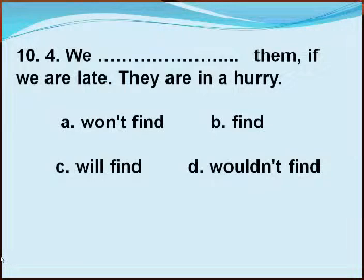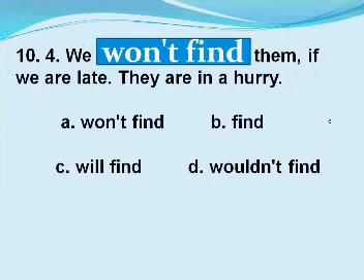If you have present simple, of course we should have will. We should have will in one of the sentences, but you should read the sentence carefully in order to understand if it's negated or not. We will find them or won't find them if we are late. They are in a hurry. What do you think? Of course, we won't find them. We will not find them if we are late, it's negated, of course.